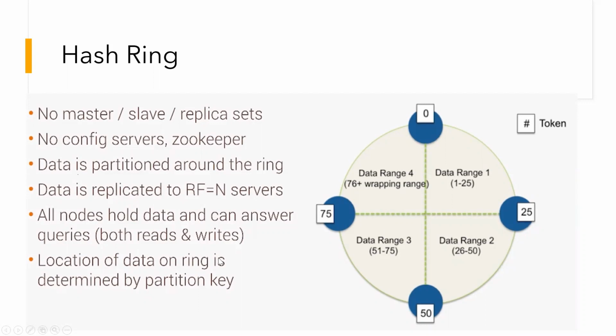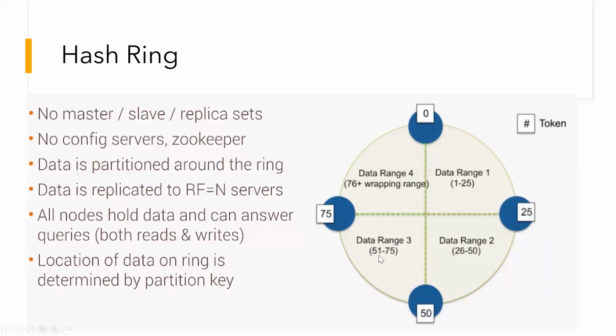Every single node in Cassandra holds data. It's not like a master node that doesn't have any data or doesn't serve any purpose. It just stays for coordination. There is no such node in the Cassandra ring that only serves requests rather than reads and writes.